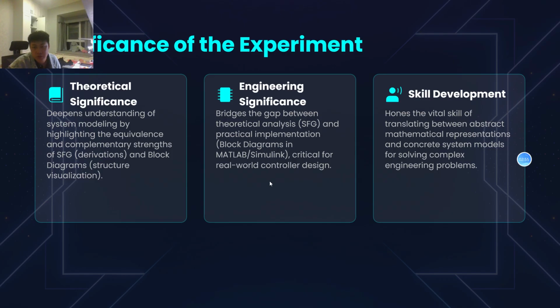Skill development hones the skill of translating between abstract mathematical representation and concrete system modeling for solving complex engineering problems.